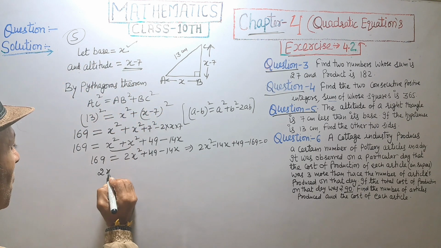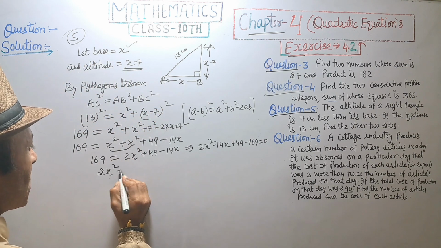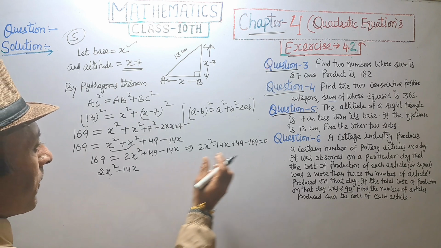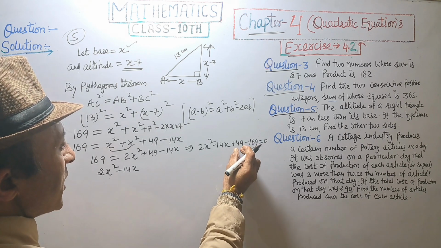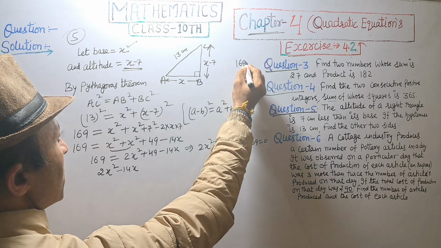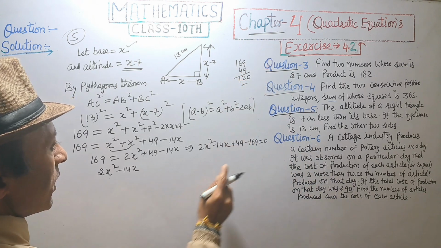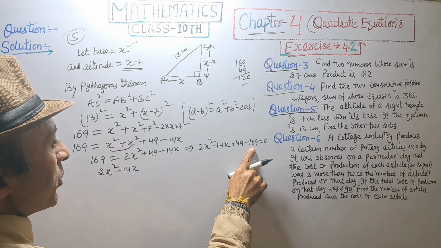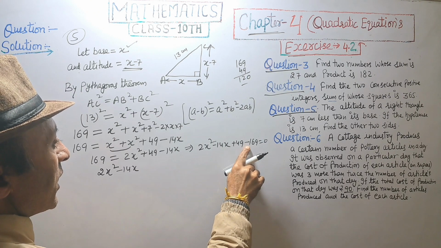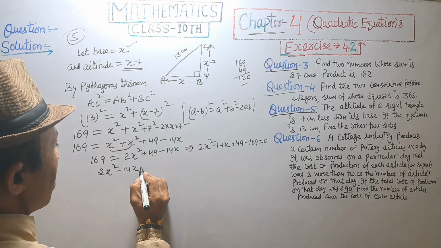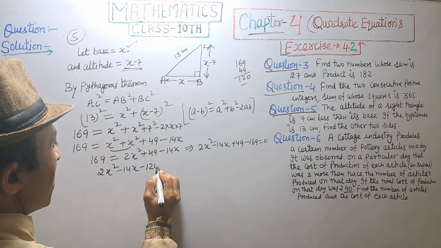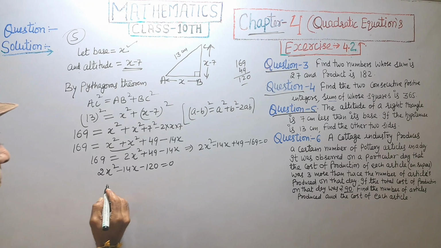So 2x squared minus 14x, and 169 minus 49 is 120, but negative, minus 120, is equal to 0.